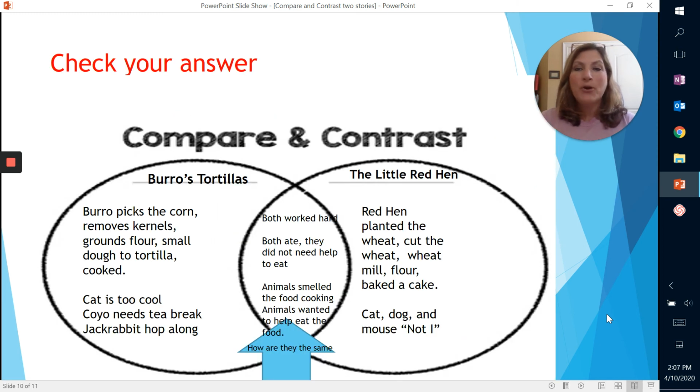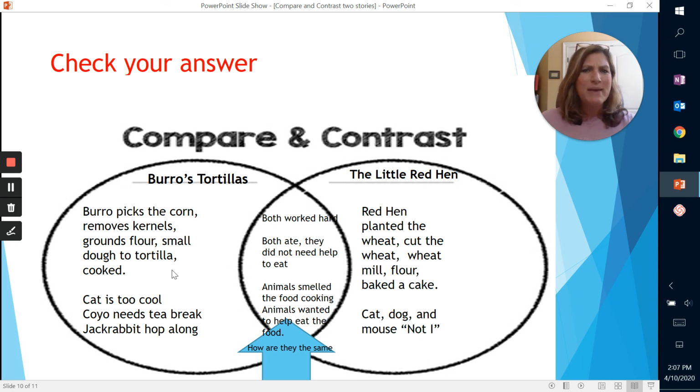All right, Burro's Tortillas. The Burro picks the corn. He was such a hard worker. He removed the kernels, ground flour, and made the small dough to cook the tortillas. And then the other characters in that book were a cat, a Caillou, short for coyote, and a jackrabbit.